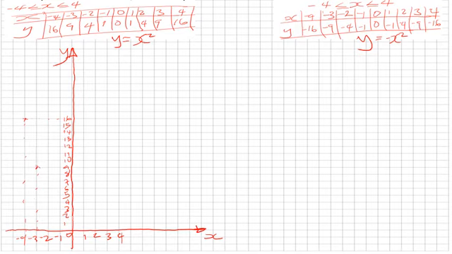And when x is negative 2, y is 4. When x is negative 1, y is 1. When x is 0, y is 0, the origin. And when x is 1, y is also 1.